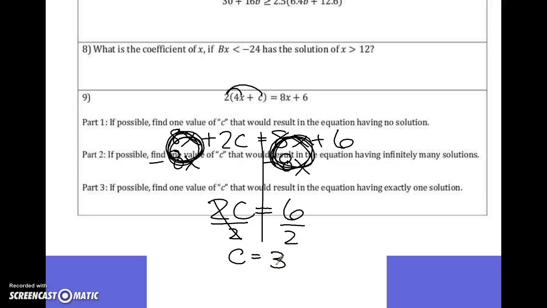What that means, though, if c were the value of 3, is that we made both sides exactly equal. If that's a 3, then both sides are 8x plus 6.